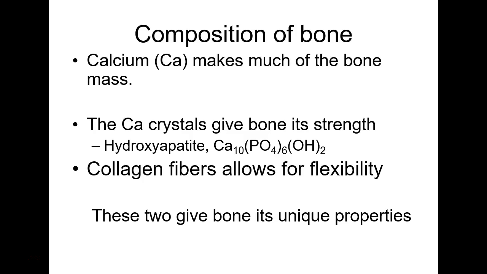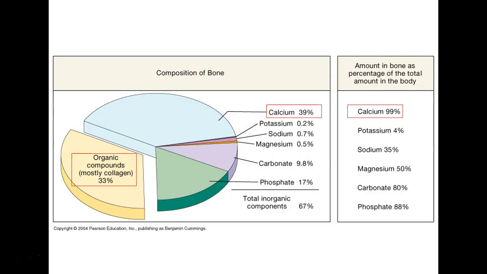Collagen fibers that are mixed in with the inorganic components give bone its unique characteristics, just slightly flexible, fairly lightweight. Bone's a living tissue. So these two, hydroxyapatite plus the collagen, give the bone its unique properties.